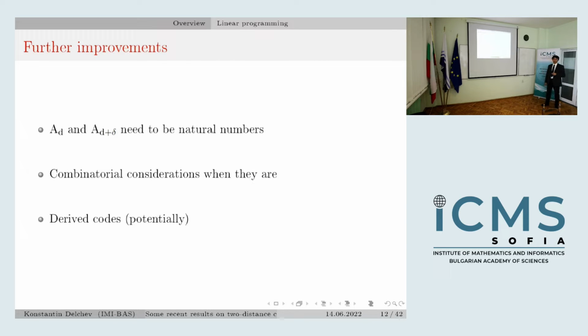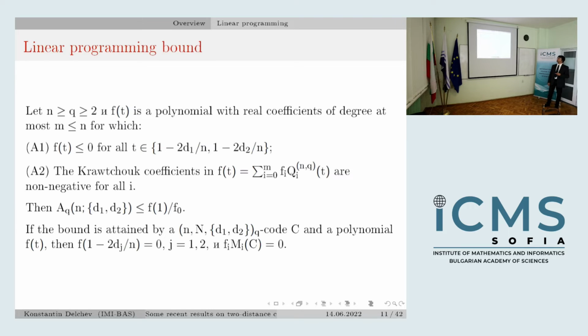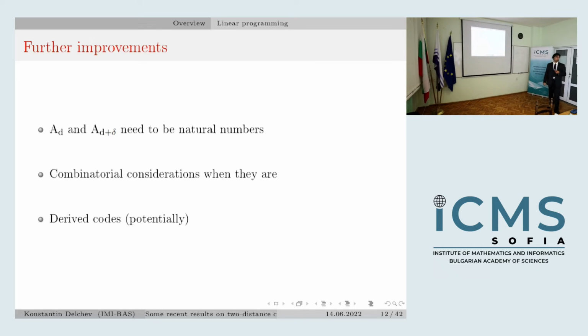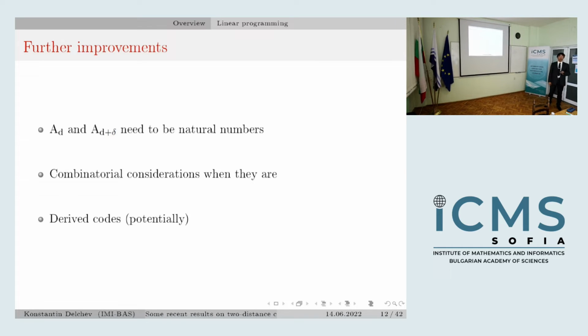So, how can we improve these bounds, which is very neat? Well, one thing is that naturally, by the way we have defined AD and AD plus delta, which is the number of given couples in a graph that have some kind of distance, they need to be natural numbers. So if they aren't, then this is an issue.